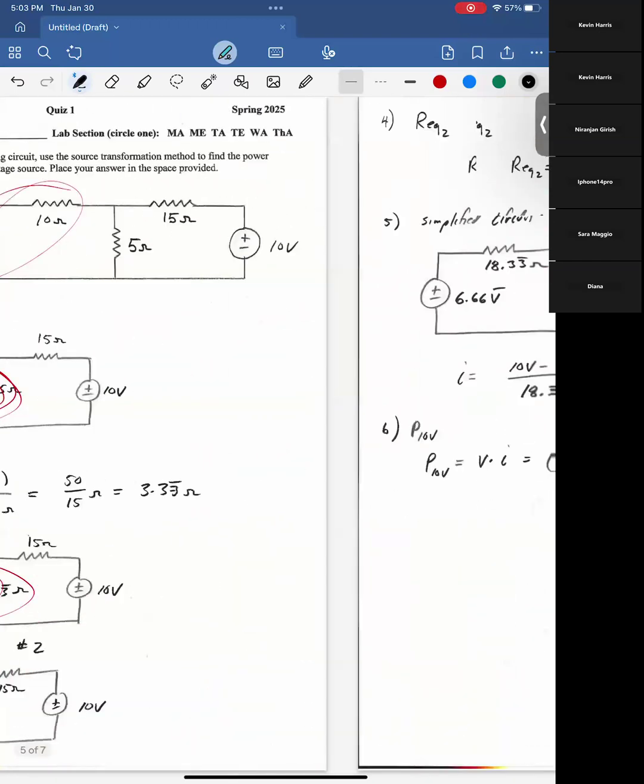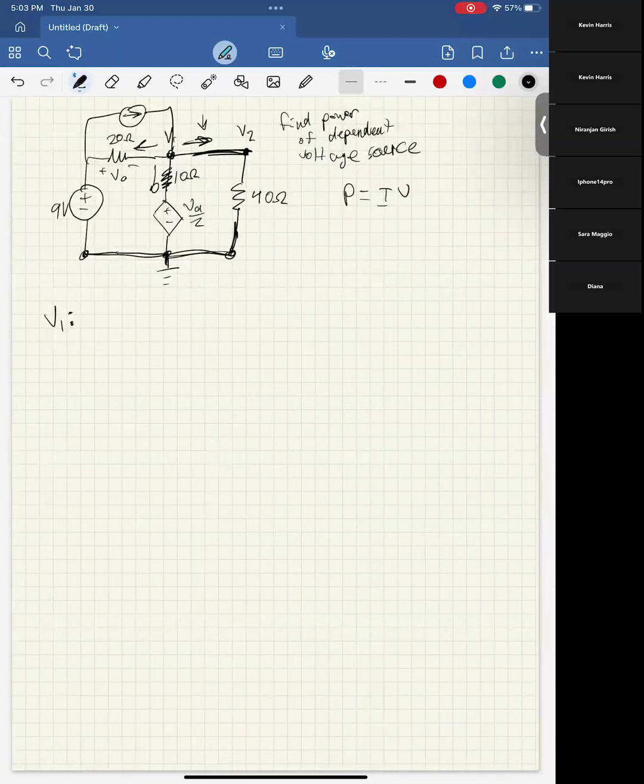What I'm saying is that in class, Zorman will make a little educated guess about what direction he thinks the currents are going in. So he might say this one's going this way, this one's going that way. And then when he's writing his equation, he'll start with the one on the left here. This would be 9 volts minus V1 over 20 ohms. And then since it's going in, this will be negative.